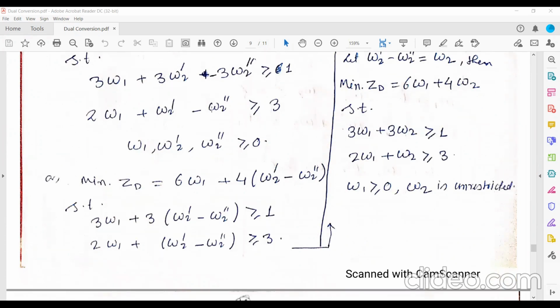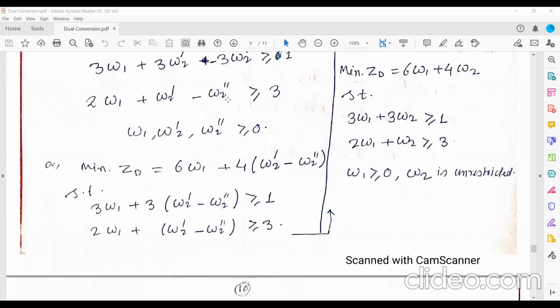Same thing here: 3 comes out, 3(W2 dash - W2 double dash), and the same thing here, W2 dash - W2 double dash.